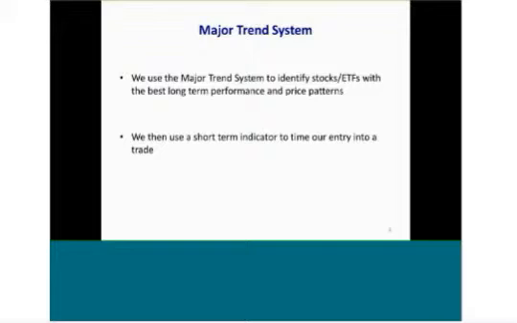So the major trend system is a long-term system, and we like to look at the long-term trend of a stock, but then when we actually enter the trade, we like to use this short-term indicator to help us time our entry.